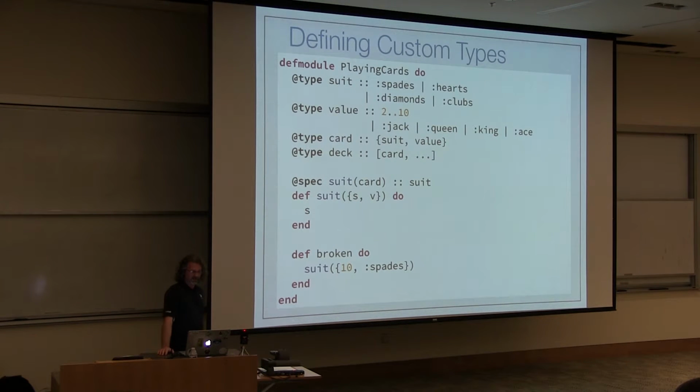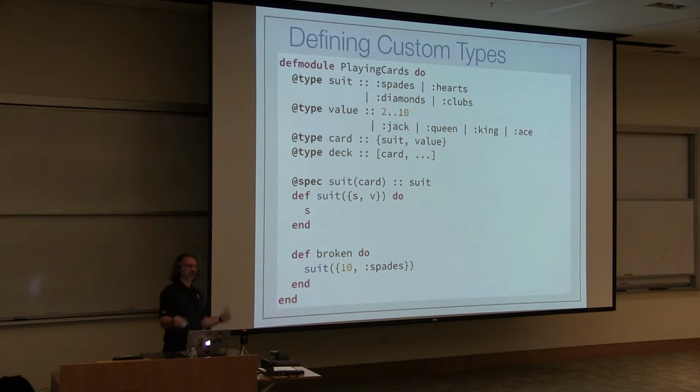All right, this all wouldn't be very useful unless you could define your own types, of course. So I've got a little example here to show how defining your own types works and how you can use those in specifying the types for your functions. So this is just a simple module that defines playing cards, a deck of playing cards. So first thing we're doing here is defining a type suit.